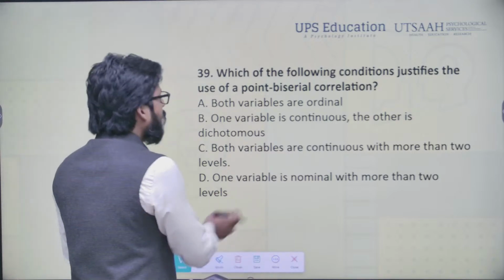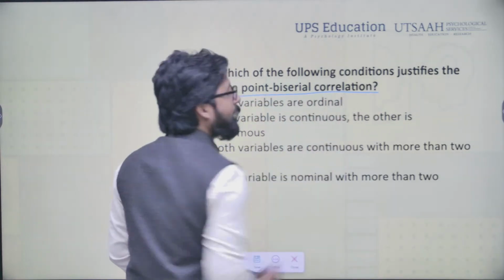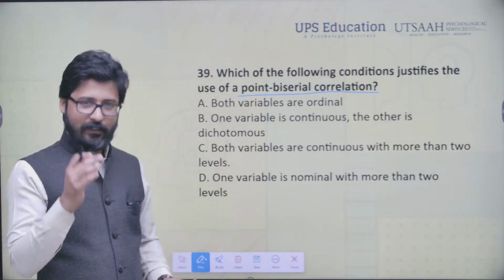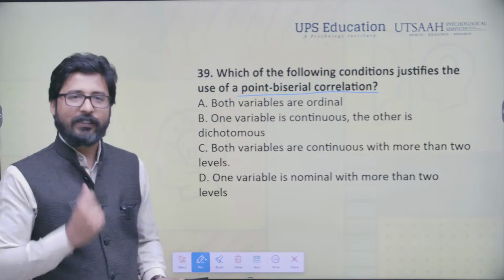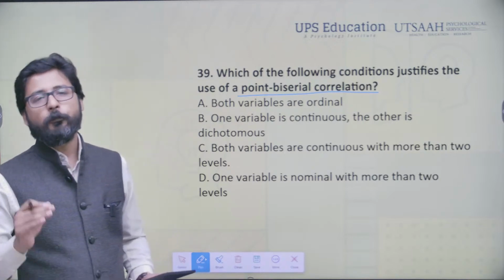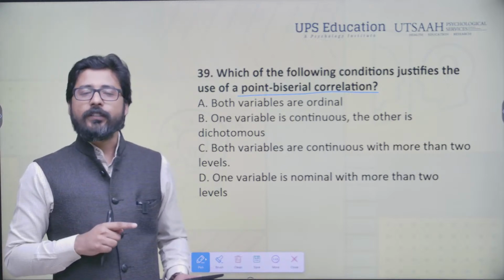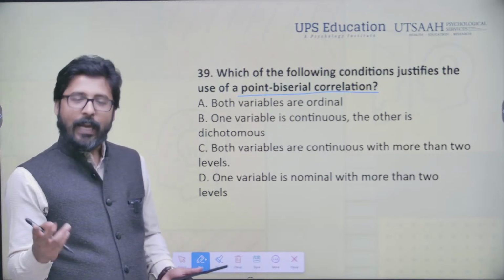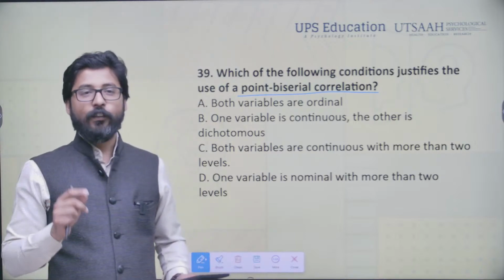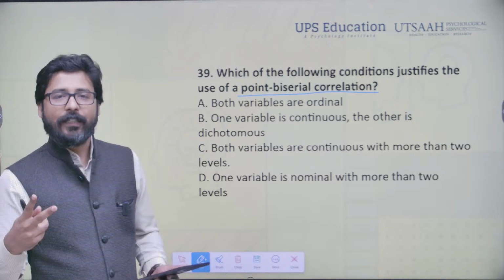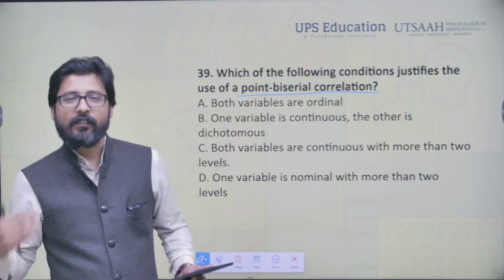Whenever we talk about point biserial correlation, this is the thing that we have to keep in mind for exam purposes. We are using point biserial correlation when one variable is continuous, like test score, and the other variable is dichotomous, like gender, male, female, third gender.